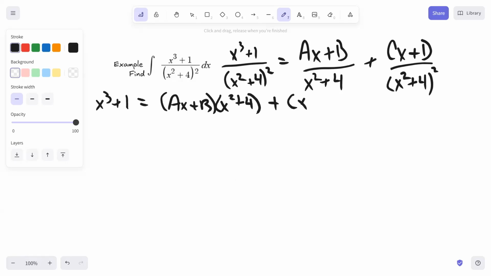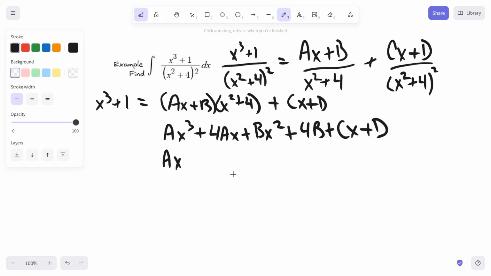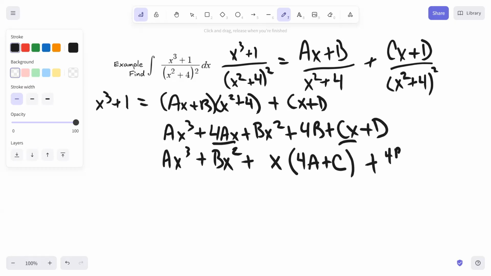plus cx plus d. Again, in this case, we're going to FOIL everything out and equate coefficients. So you'd have ax cubed plus bx squared plus x times 4a plus c, plus 4b plus d.